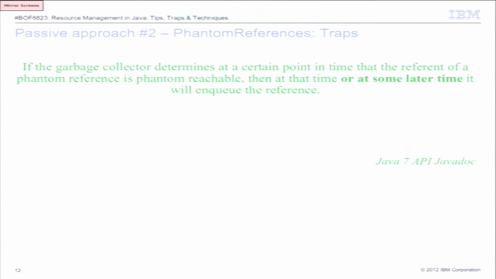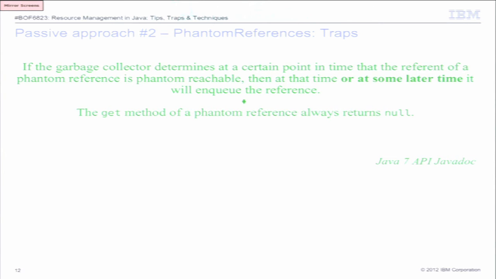So that suggests with a certain amount of surety that there is some delay in actually seeing references being placed on the reference queue. So it's at some point after GC has identified that the resource object is otherwise eligible for garbage collection that it queues it up.